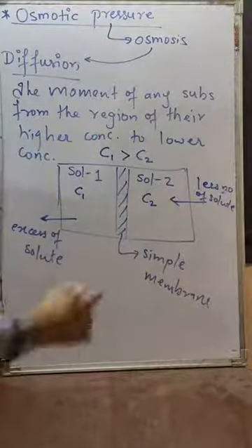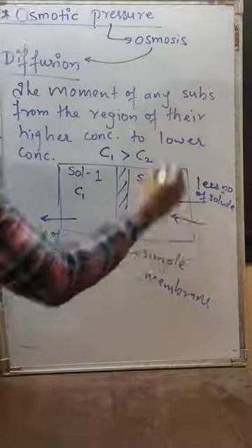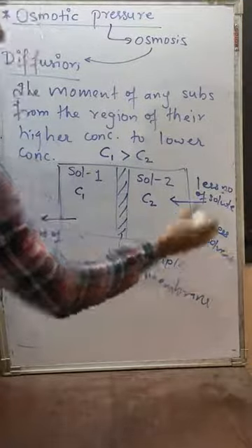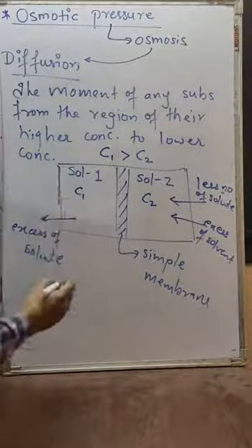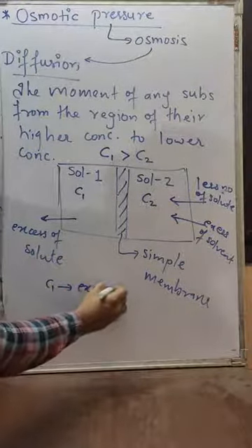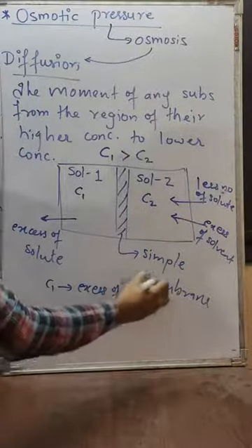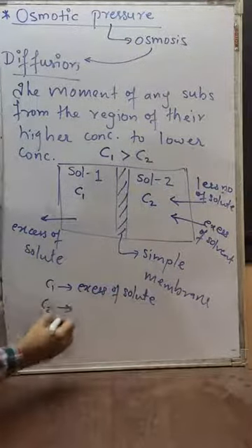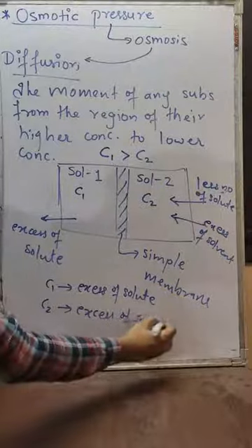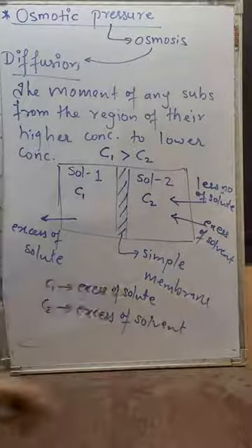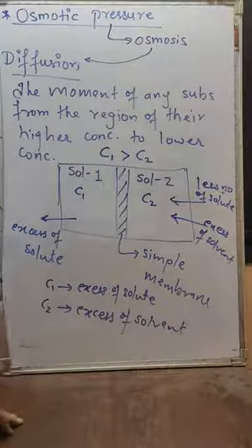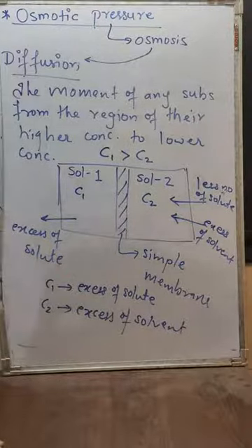Less number of solid means it has excess of solvent. Once again, solution C1 has an excess of solid, and solution C2 has an excess of solvent. Excess of solid means high concentration of solid. C2 having an excess of solvent means having a higher concentration of solvent.